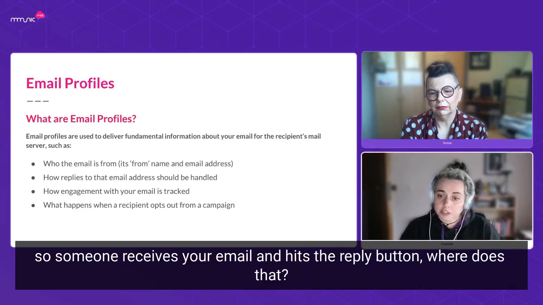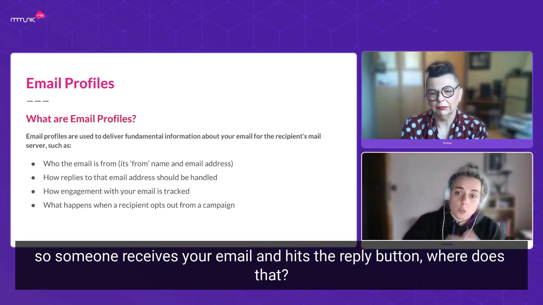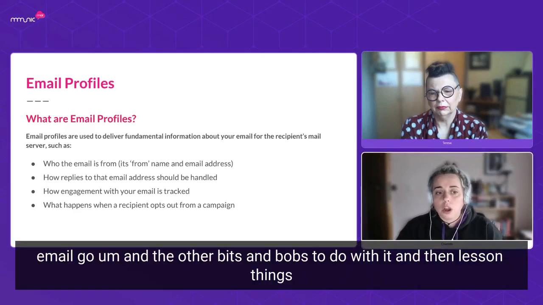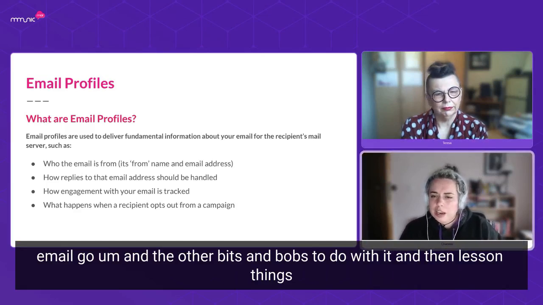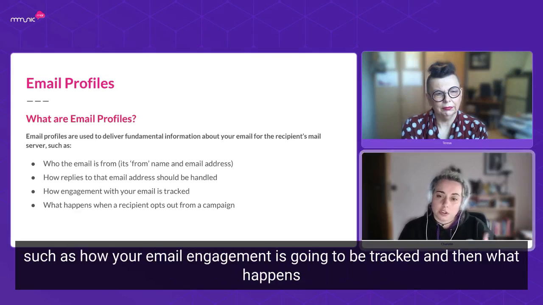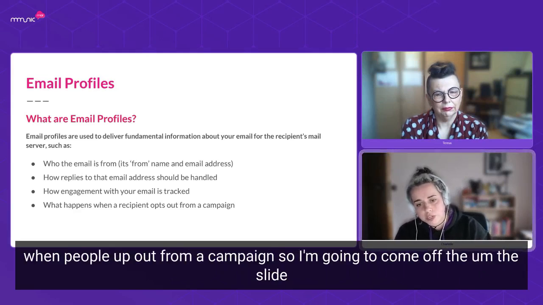If someone receives your email and hits the reply button, where does that email go, and the other bits and bobs to do with it. And then lesser known things such as how your email engagement is going to be tracked, and what happens when people opt out from a campaign.